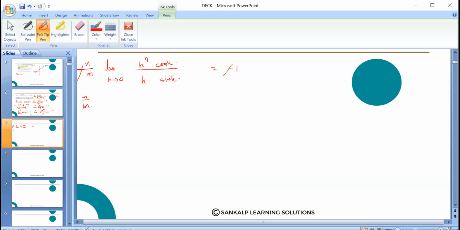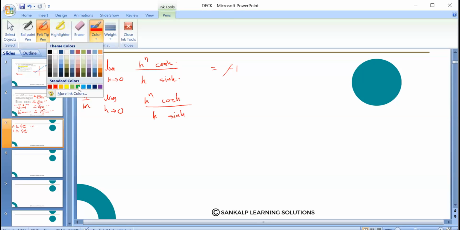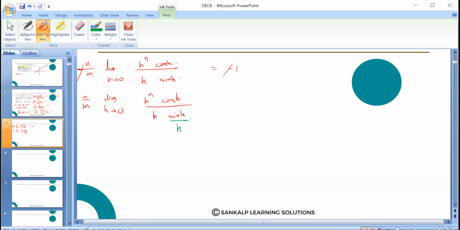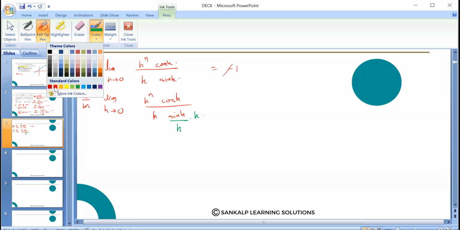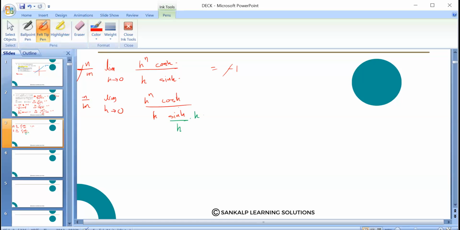Now n by m, limit h approaches 0, h power n cos h by h, sin h. You have to divide by h and multiply by h. Equal to 1.